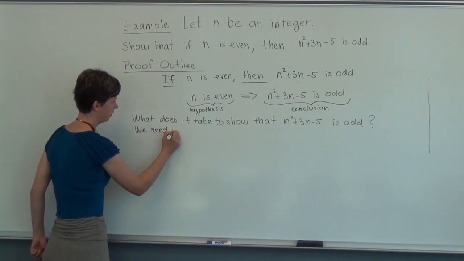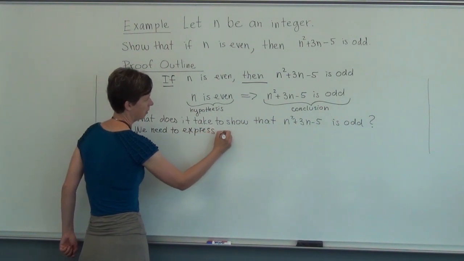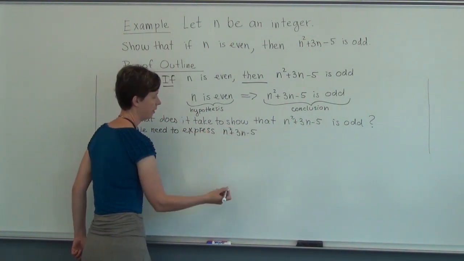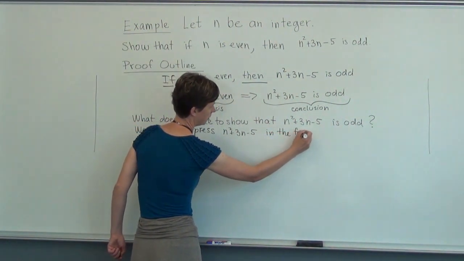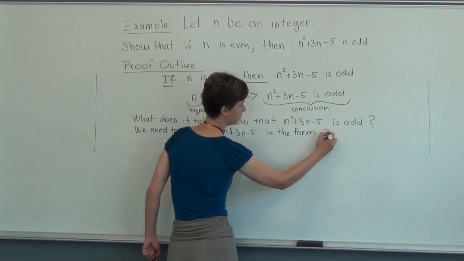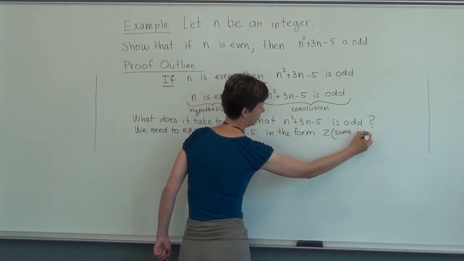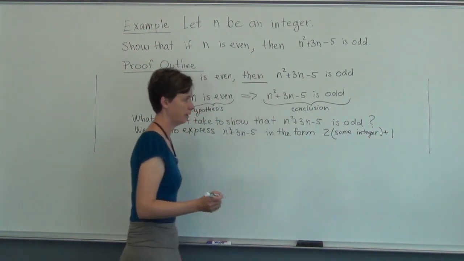We need to express n squared plus 3n minus 5 in the form 2 times some integer plus 1.